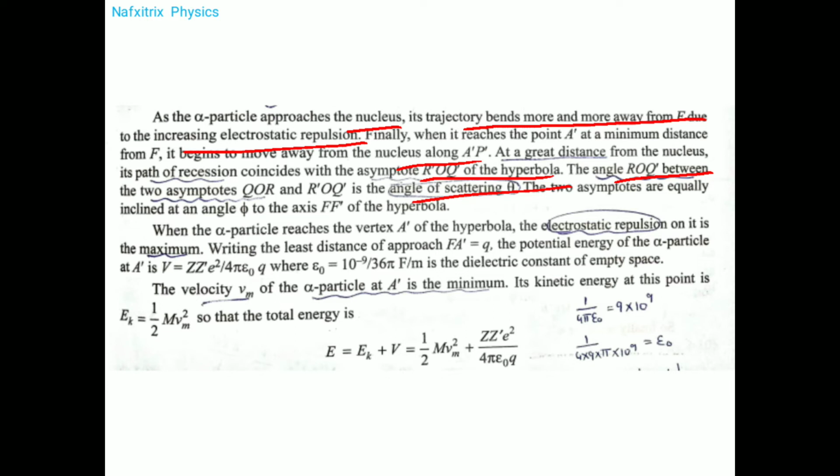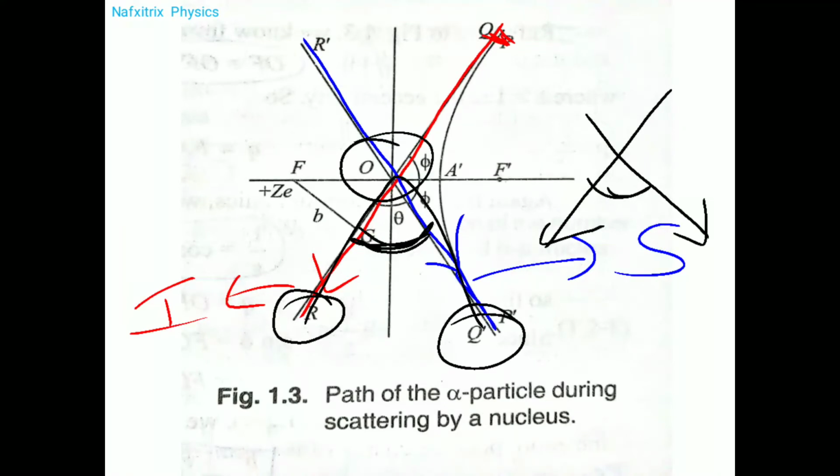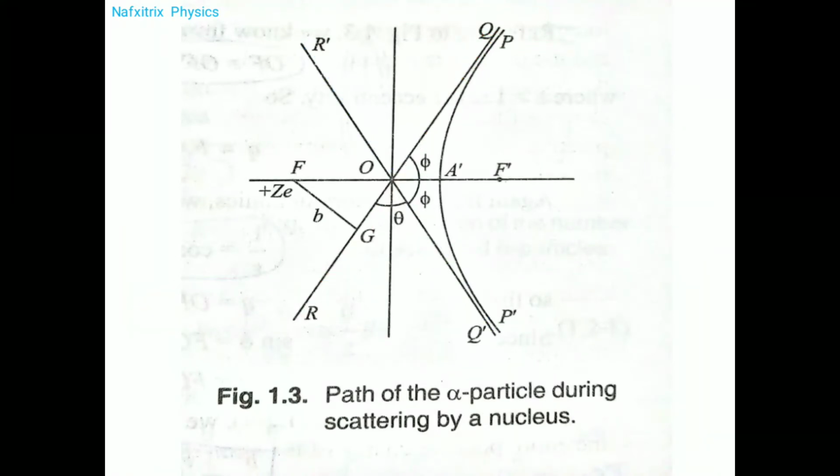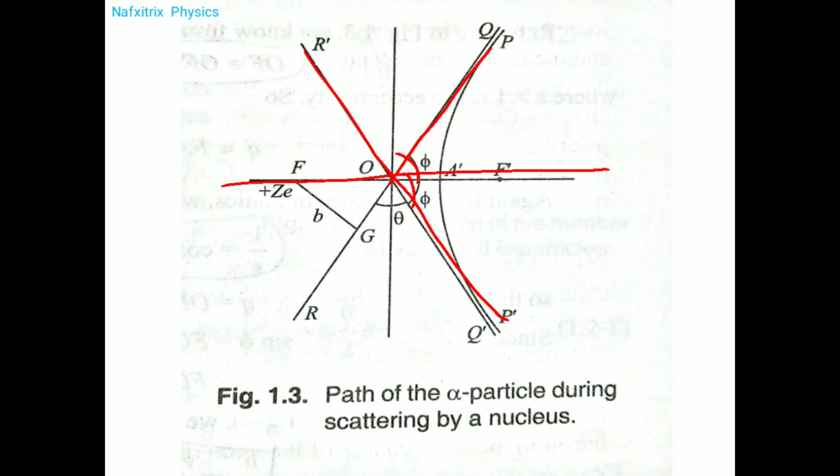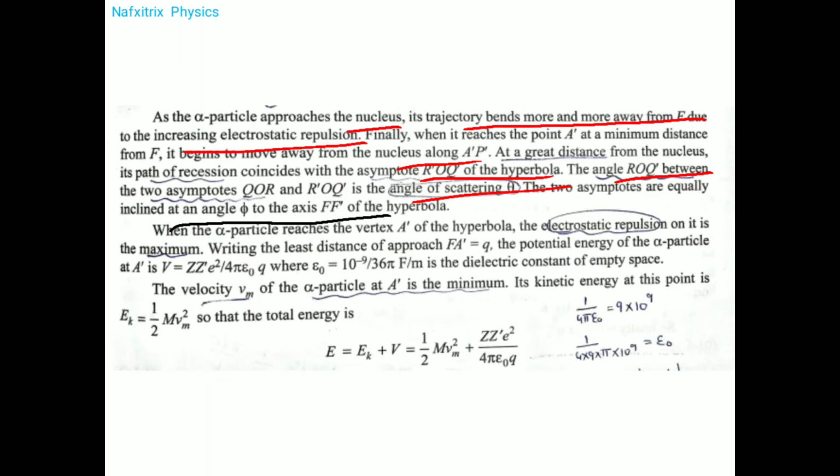The two asymptotes are equally inclined at an angle phi to the axis FF', as here we can see. This is the asymptote and this is the axis of the hyperbola. It is making an angle phi, and this asymptote is also making an angle of phi. So they are at equal angles, that is what they mean by equally inclined.